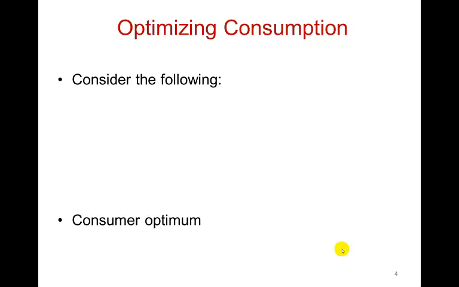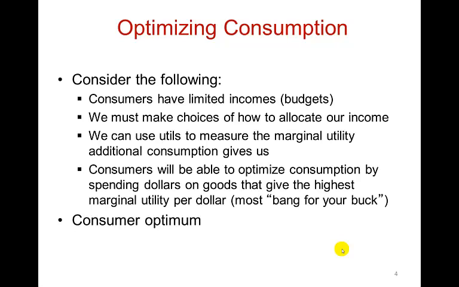Okay, so in general, what is my consumer going to do? Well, consumers have limited incomes. If we didn't have limited incomes, then we could purchase anything that we wanted to purchase. So we have to make choices on what we're going to purchase with our limited income. What consumers are going to do is spend money on the goods that give them the highest increase in their utility for the dollar that they have to spend on that good.